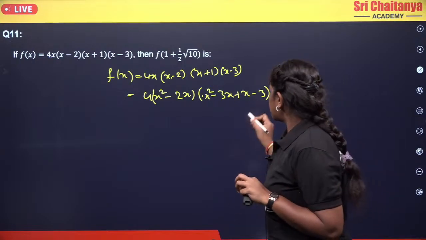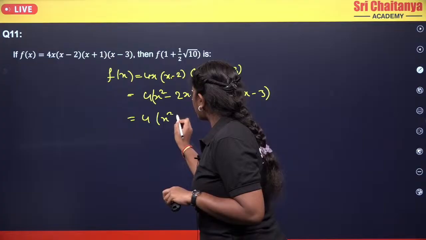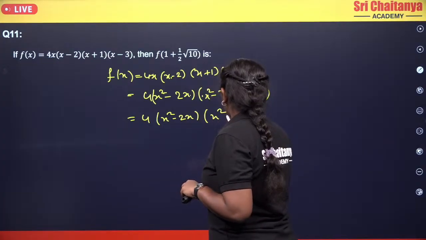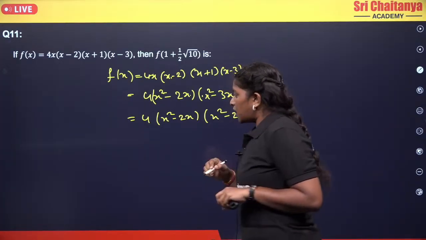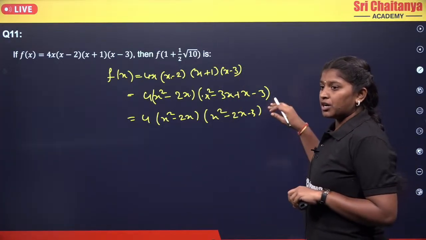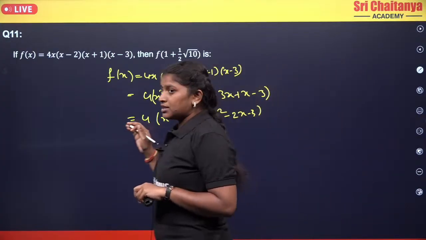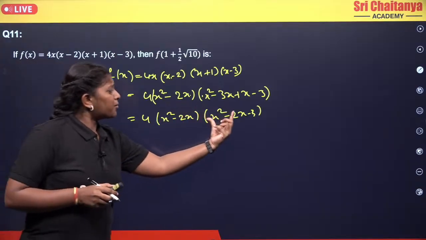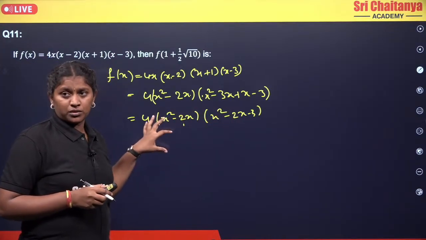If you observe here clearly, we can rewrite it as x square minus 2x into x square minus 2x minus 3. Okay. Now we need to bring them into the required condition. There is a possibility that we can take our x square minus 2x common from those 2 terms, right?